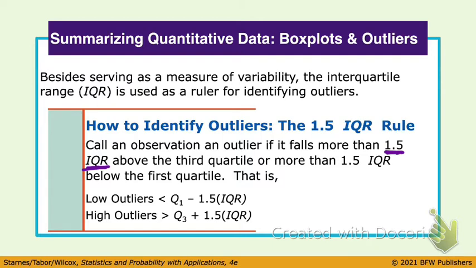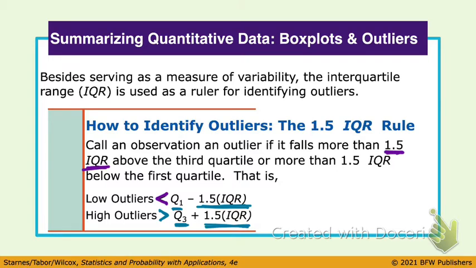So a low outlier is any number that is less than Q1, quartile 1, minus 1.5 times the IQR. Anything less than that is going to be a true lower outlier. A high outlier is going to be anything that is greater than Q3 plus 1.5 IQR.